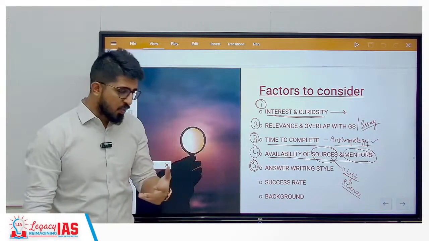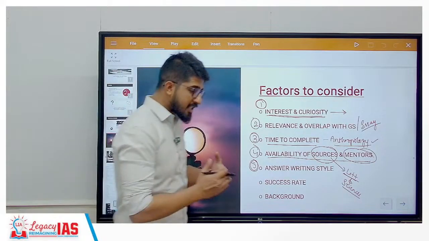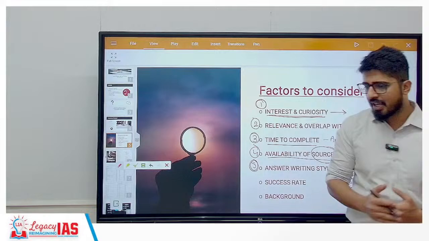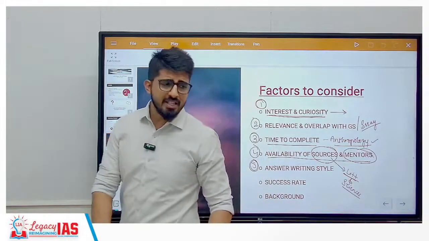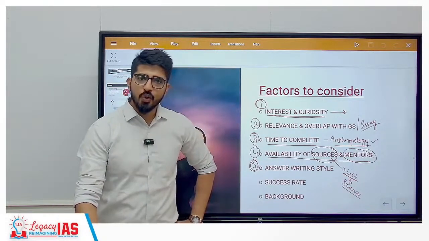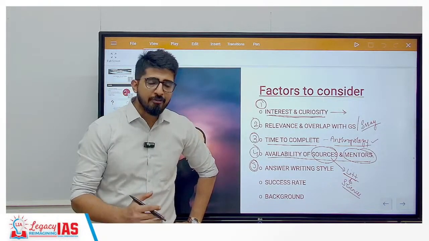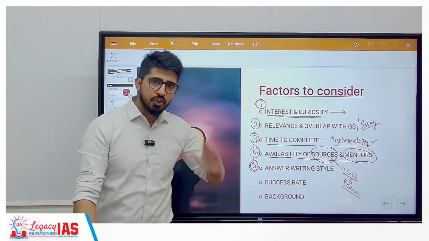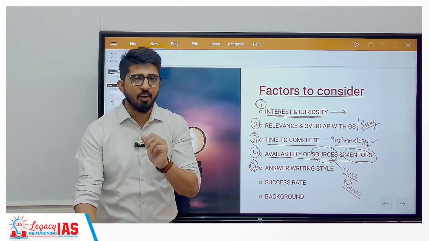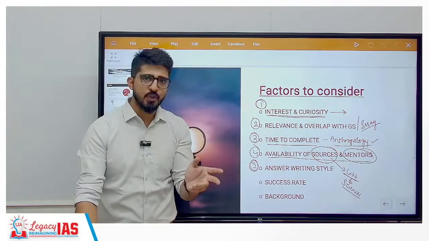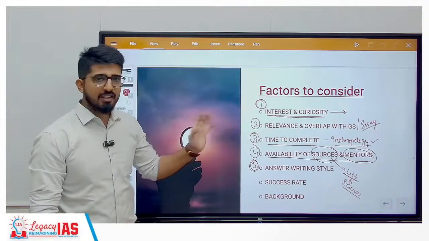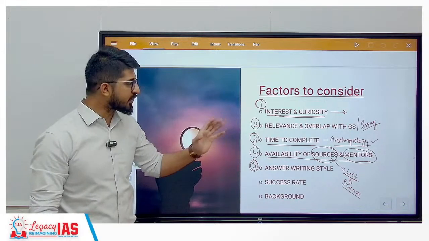For a person who writes very elaborative answers, I would say philosophy is good, right? Point-wise answers do not suit that particular subject. So you have to be writing subjective answers. The subjective or objective bent of mind also decides which optional you should take. We'll come to that scale as to where the subjects fall on that continuum.